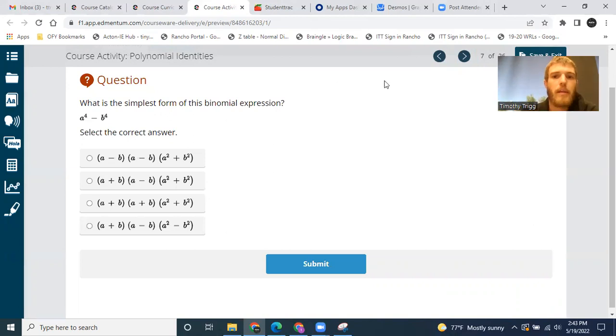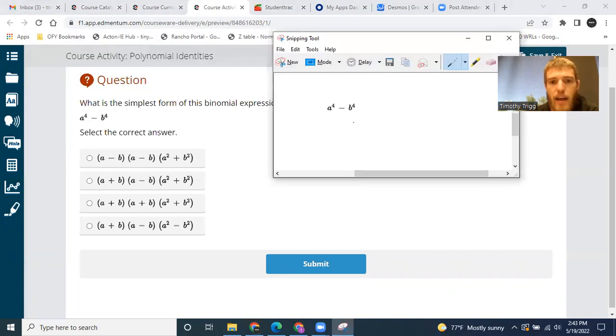Okay, so let me show you what I mean. So I'm going to grab this, and how can we factor this? Well, I could write this as a squared squared minus b squared squared. Okay, this is not that important, but I want you to see that these are both perfect squares.